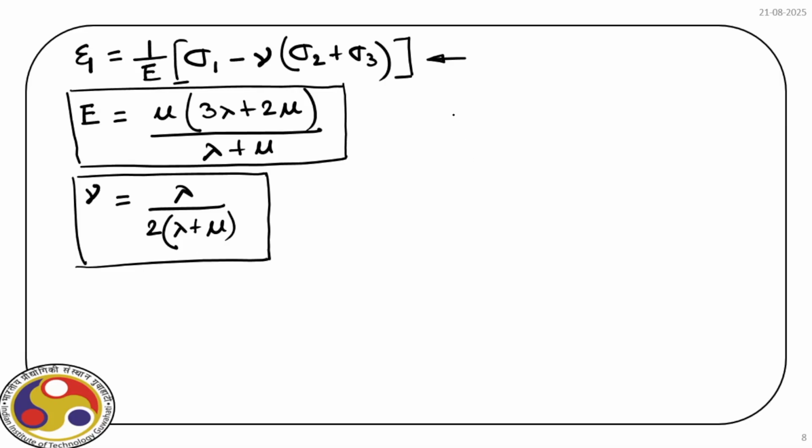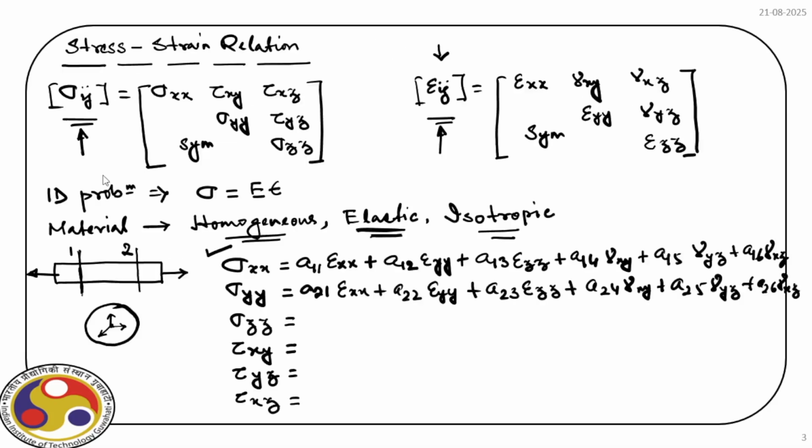So we have the expressions for Young's modulus, Poisson's ratio, bulk modulus and shear modulus, all in terms of two constants, lambda and mu. If you look at the first expression we started with for stress and strain, we have altogether 36 constants, and the moment we apply the assumptions of homogeneous, elastic and isotropic, this isotropy actually reduces the number of constants.